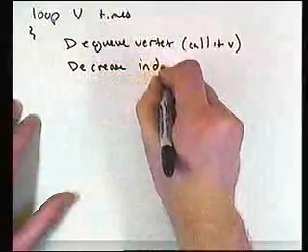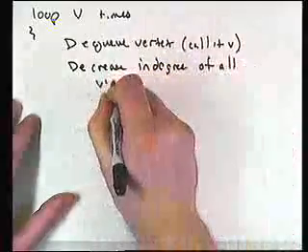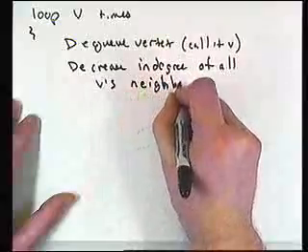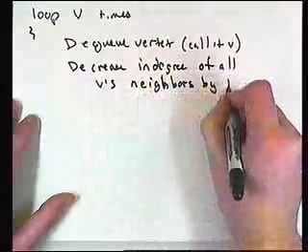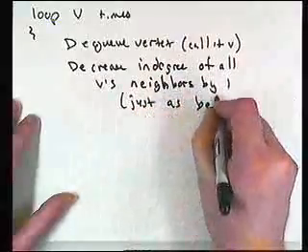Decrease the in-degree of all these neighbors by 1. And this was just as before. That's exactly what we did in the previous algorithm.